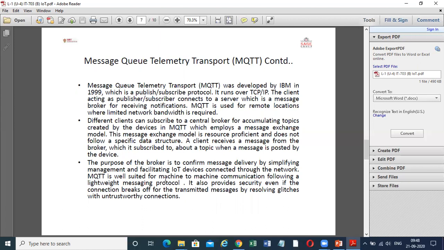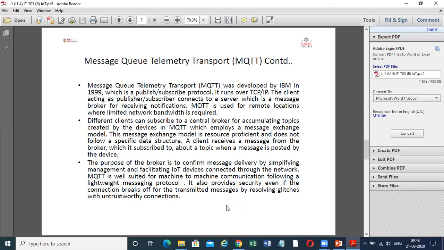What is the purpose of the broker? The purpose of the broker is to confirm message delivery by simplifying management and facilitating the IoT devices connected through the network. MQTT is well suited for machine-to-machine communication, following a lightweight messaging protocol.